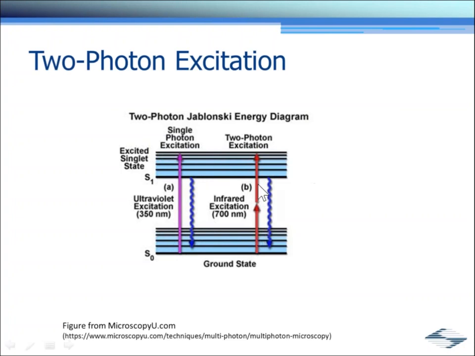If instead we have two photons of half the energy, double the wavelength, and we hit that fluor at exactly the same time with those two half-energy photons, we essentially get the same effect as we had in single photon excitation. In other words, these two photons together hitting our fluor can then knock the fluor into the excited state. Once the fluor is in the excited state, it wants to relax back down to the ground state, and it does so by releasing the same emission photon that we saw in the single photon excitation pathway.